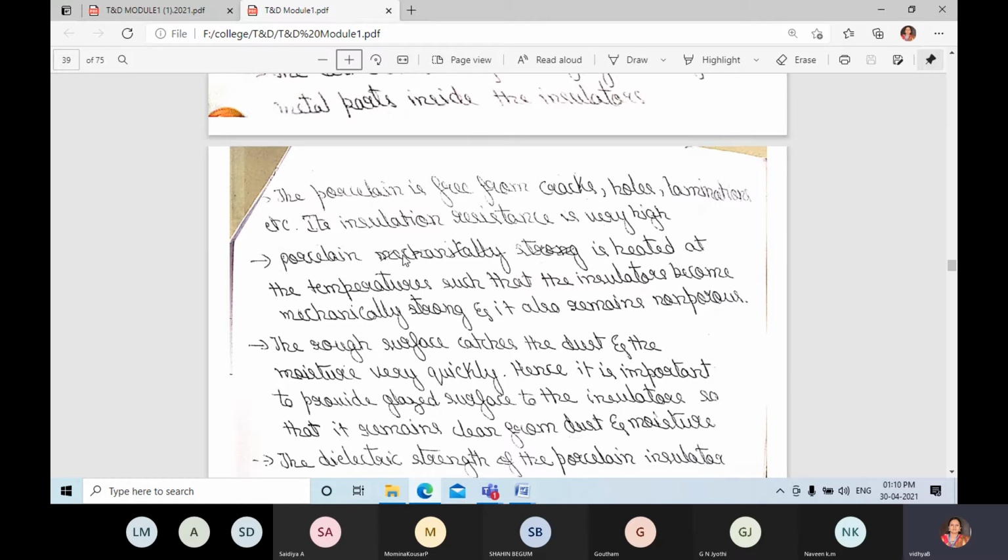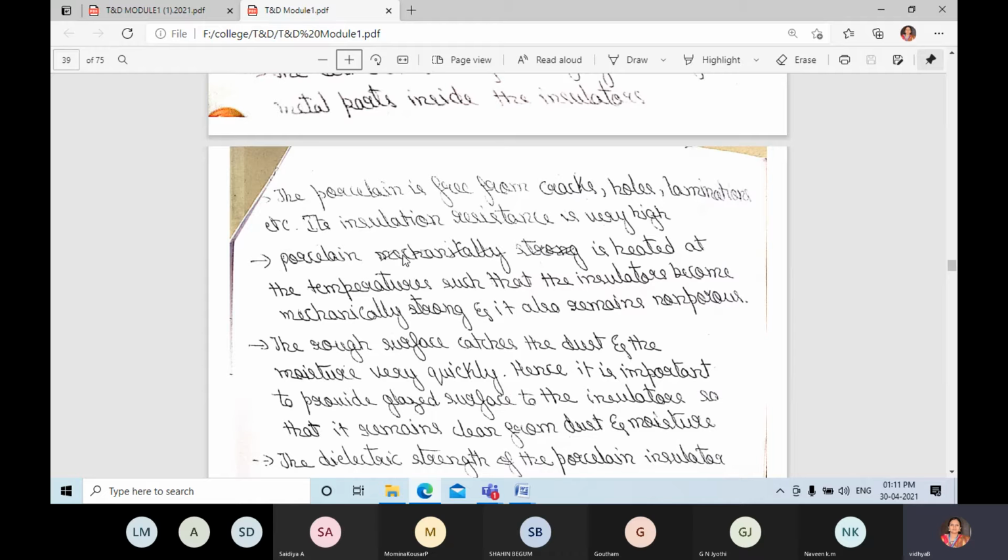The insulator should avoid that. Cracks on the insulator reduce its properties and affect the whole system. So the porcelain is free from cracks, holes, laminations, etc.